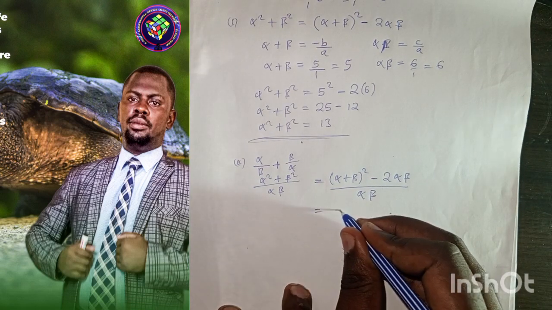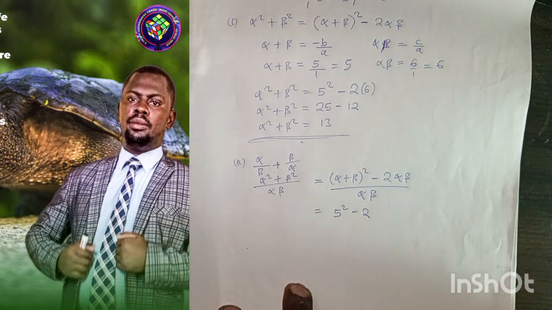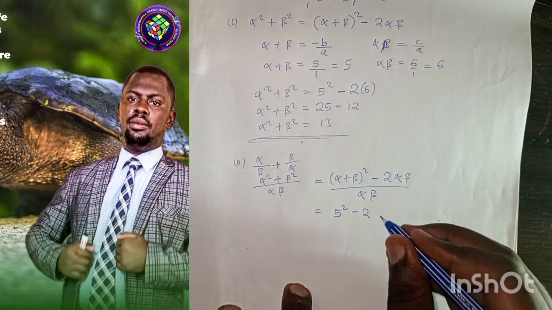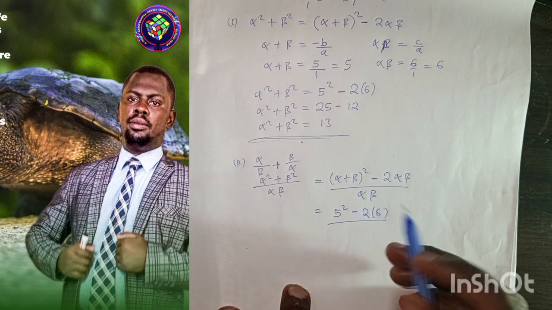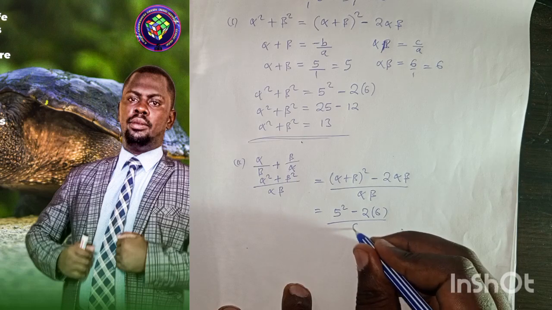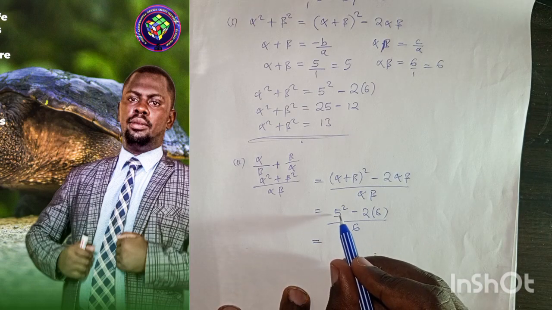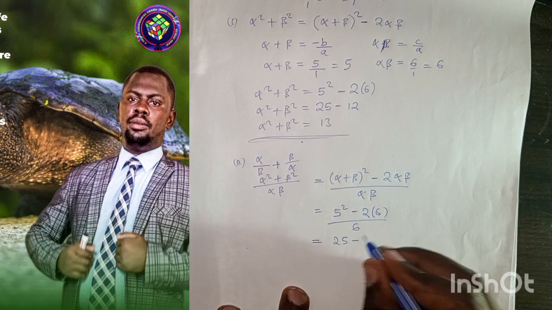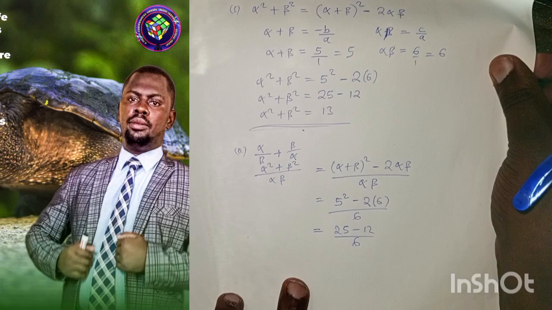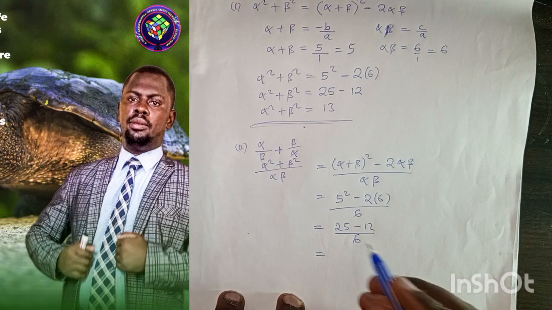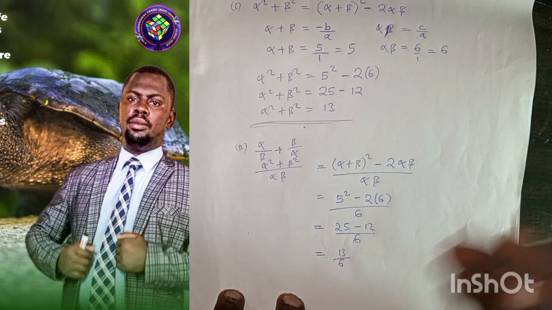So this is 5 squared minus 2 times 6, over 6. That is 25 minus 12 over 6, which is 13 over 6.